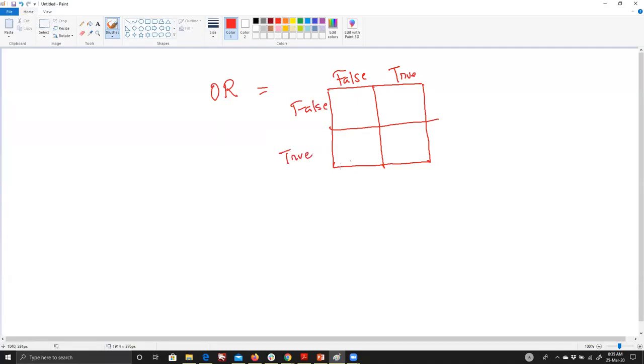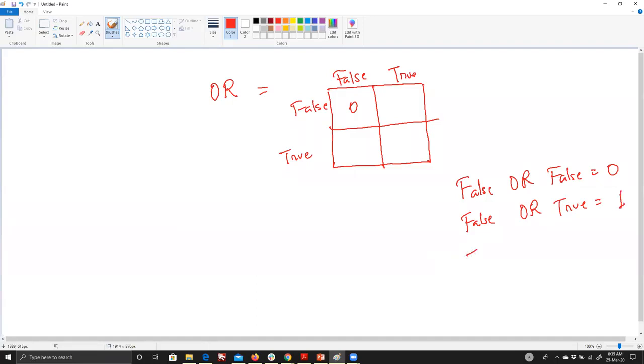Basically, the way I try to remember is, if any one of them is true, then the output is true as well. False or false: the output is 0. False or true: the output is 1.